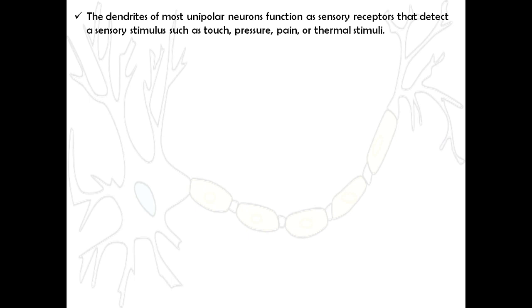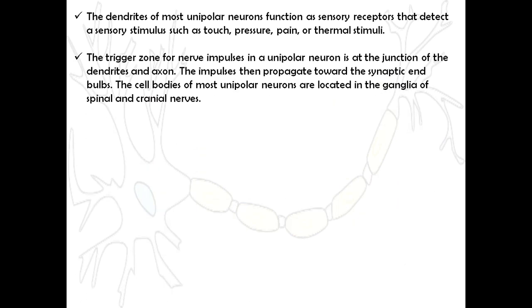The dendrites of most unipolar neurons function as sensory receptors that detect sensory stimuli such as touch, pressure, pain and thermal stimuli. The trigger zone for nerve impulses in a unipolar neuron is at the junction of the dendrites and the axon.